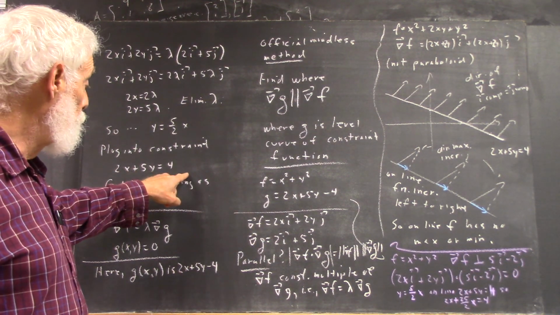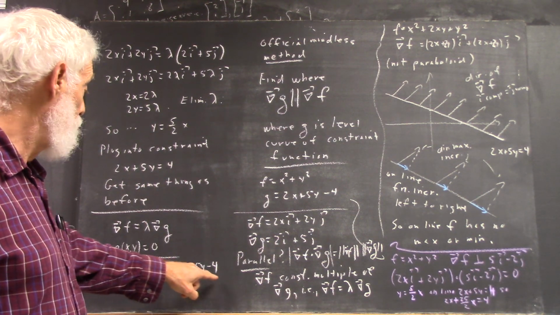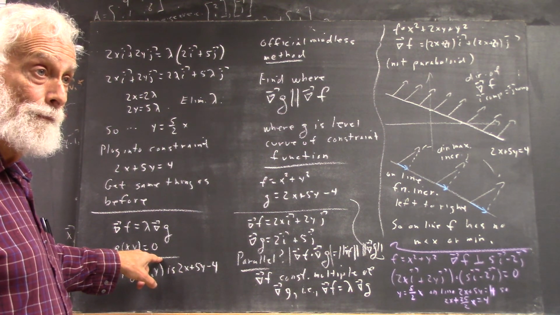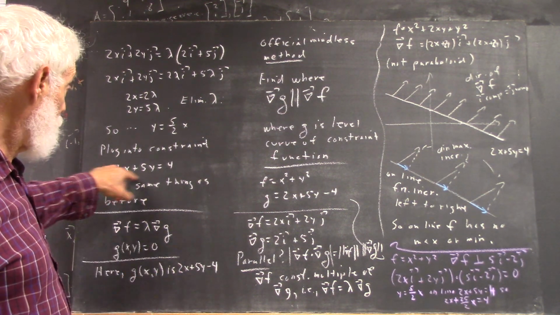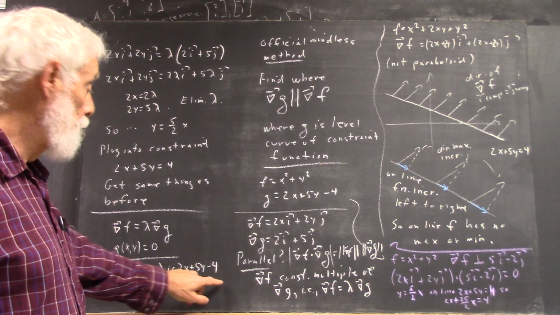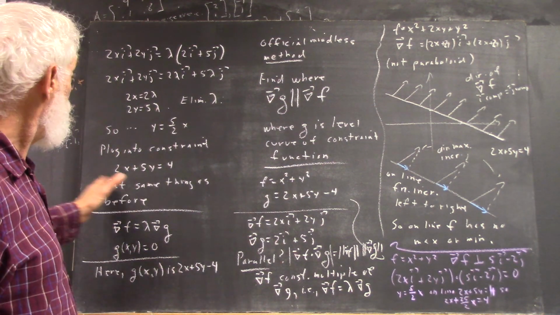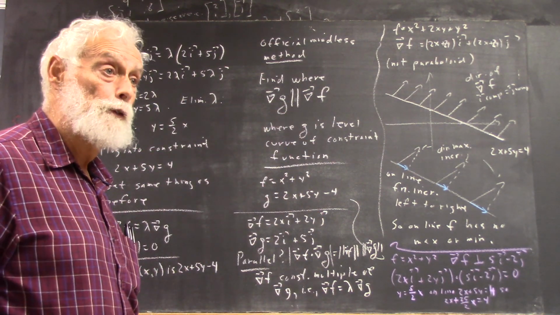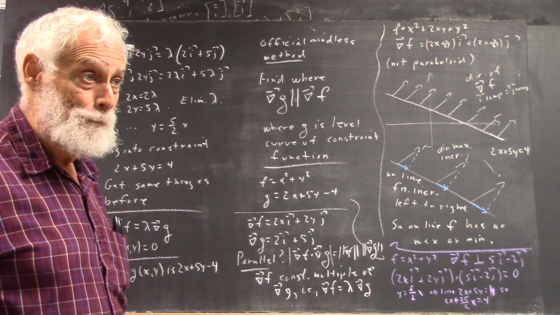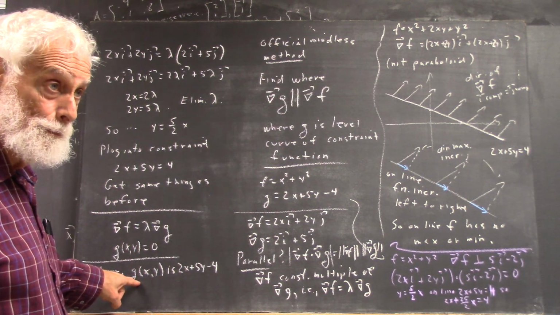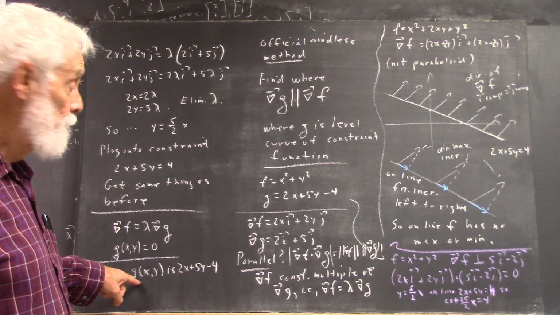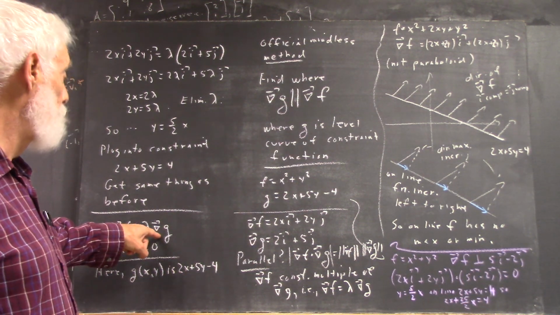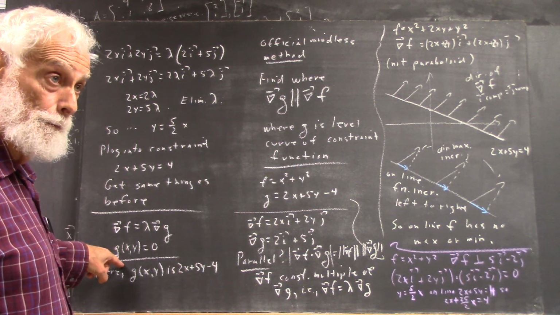Saying this is equal to 4 is the same as saying 2x plus 5y minus 4 is 0, right? So this states exactly the same thing this does, if you let g of xy equal this. In other words, whatever your constraint is, bring everything onto one side and have 0 on the other, right? And that gives you your g of xy function. And you take its gradient, set a multiple of that equal to the gradient of f, and you've got it. Okay?